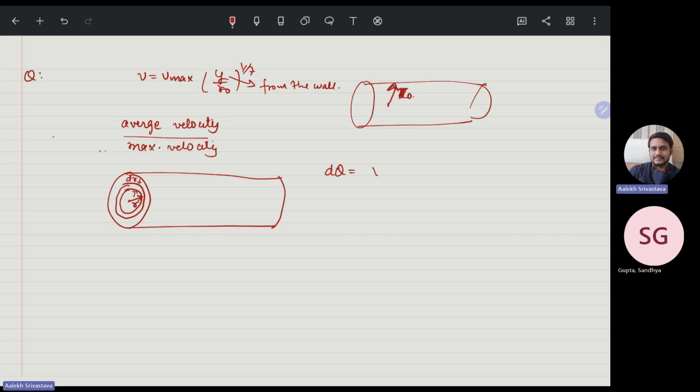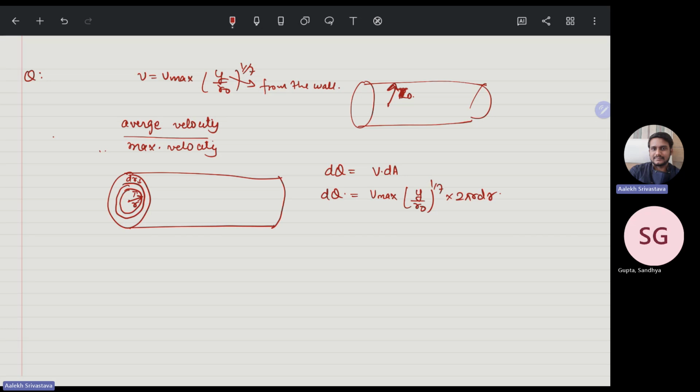So velocity is V max into y by r0 raised to the power 1 by 7, and the area is 2 pi r dr, the area over which the flow is happening.